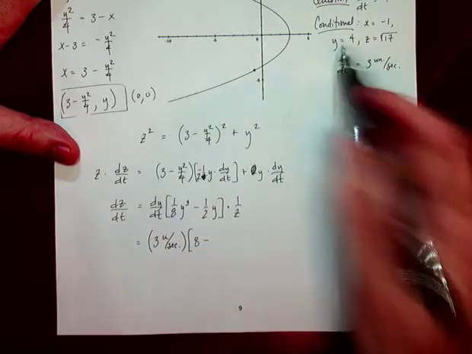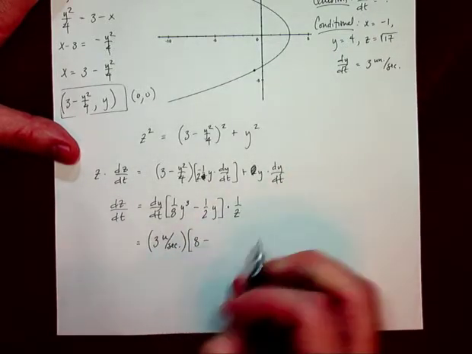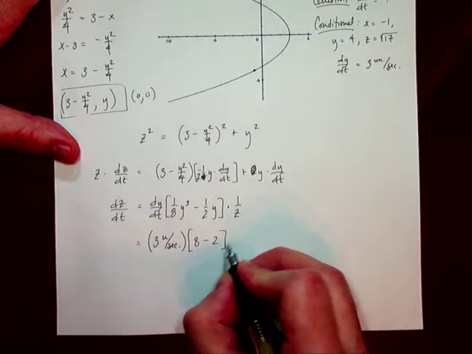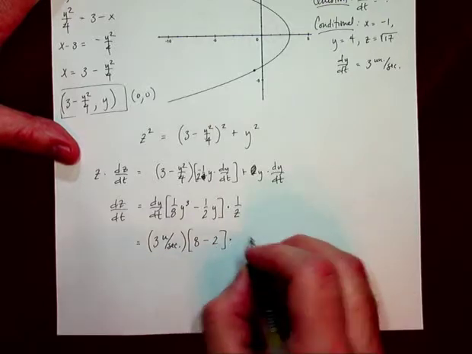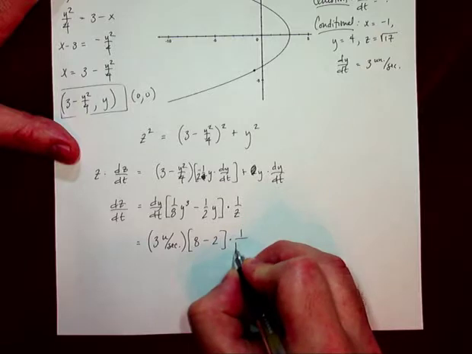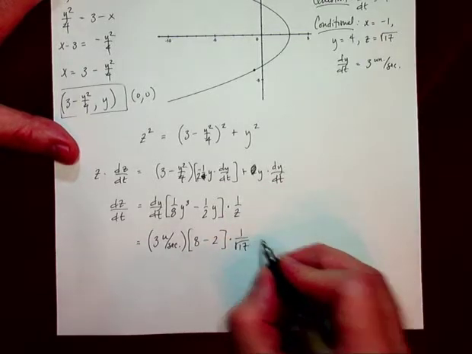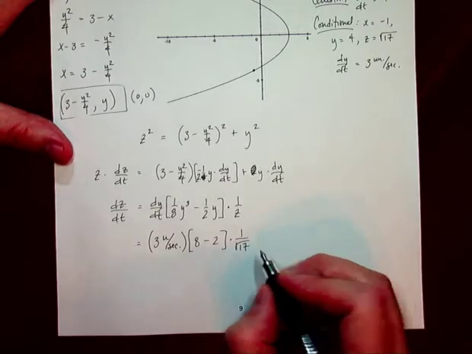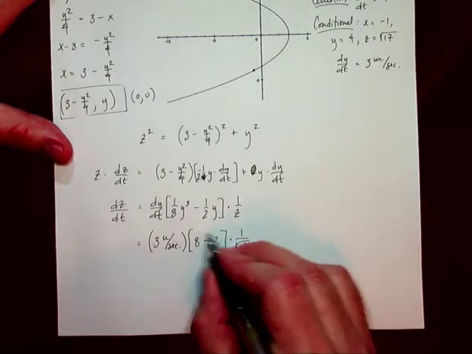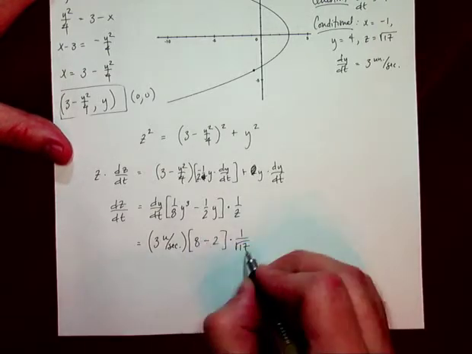If y is 4, then 1/2 of 4 is 2, so it's 8 minus 2. And then z is the square root of 17, so we multiply by 1 over root 17, because it's the reciprocal of z. Now, what we need to do here is, this had units and this was over units.